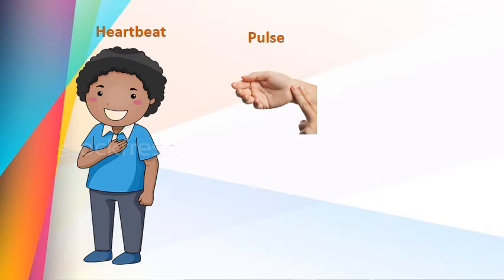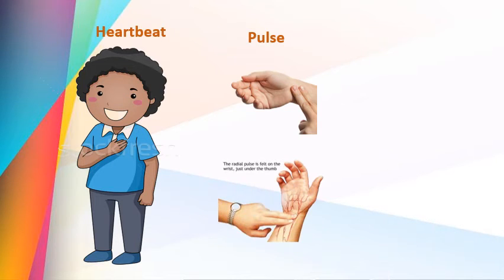Here we can feel our pulse, because in our hand there are blood vessels. They are very close to the skin. Can you see here? They are very close to the skin, so we can count the pulse rate. That is nothing but heartbeats only, but we call that one the pulse.